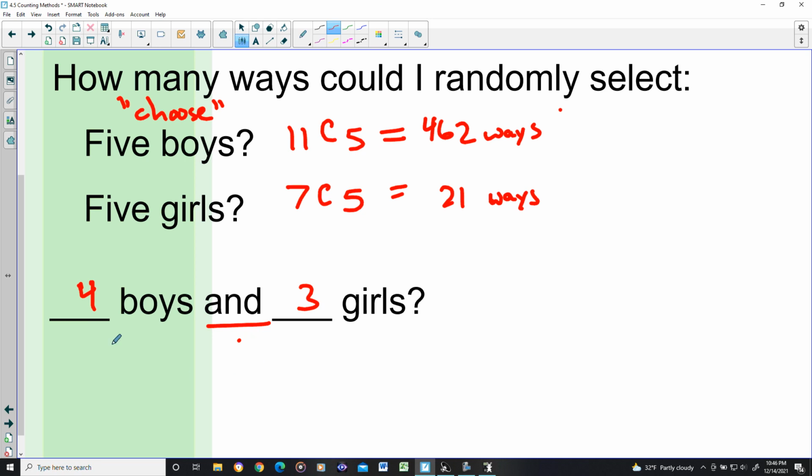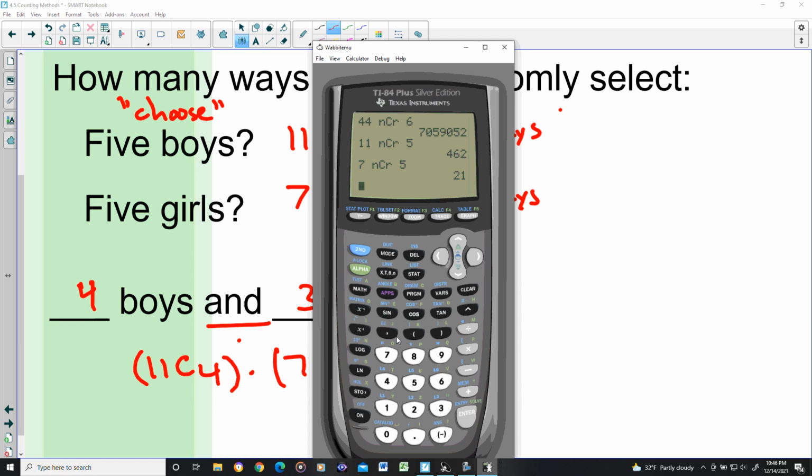So I want 4 boys, 11 choose 4. And then for 3 girls, I've got 7 choose 3. So 7 girls, and I choose 3 of them. And if I want all of this to happen together, how many possible groups can there be? Each group of boys can match up with each group of girls. So we multiply. And in a calculator, I would do exactly that.